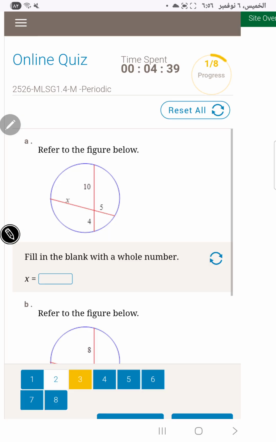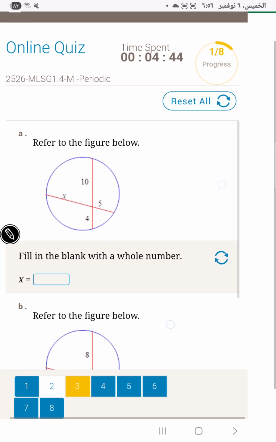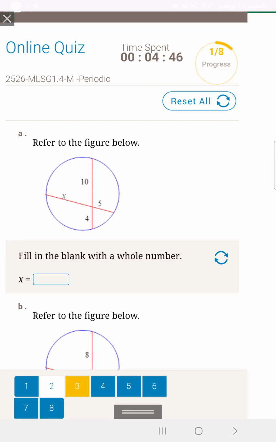Question number 3. Here you have two parts A and B. For part A, we got another theorem here. These theorems, by the way, are called power theorems, which are very easy, 3 theorems. Here you have two chords intersecting in the circle.